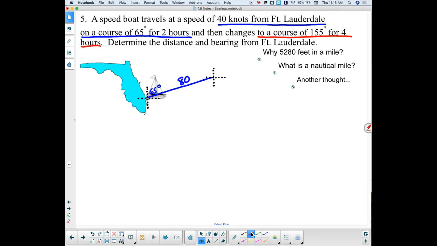So now 155 degrees would be down there, where this is 155 degrees.